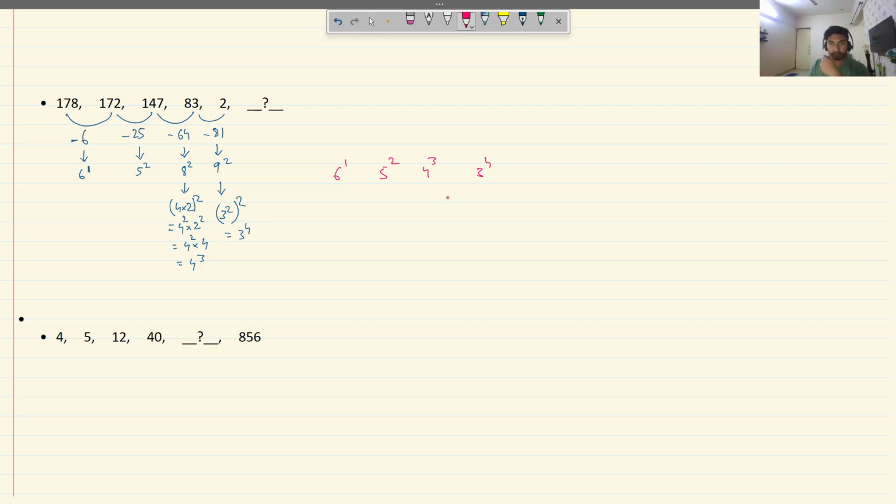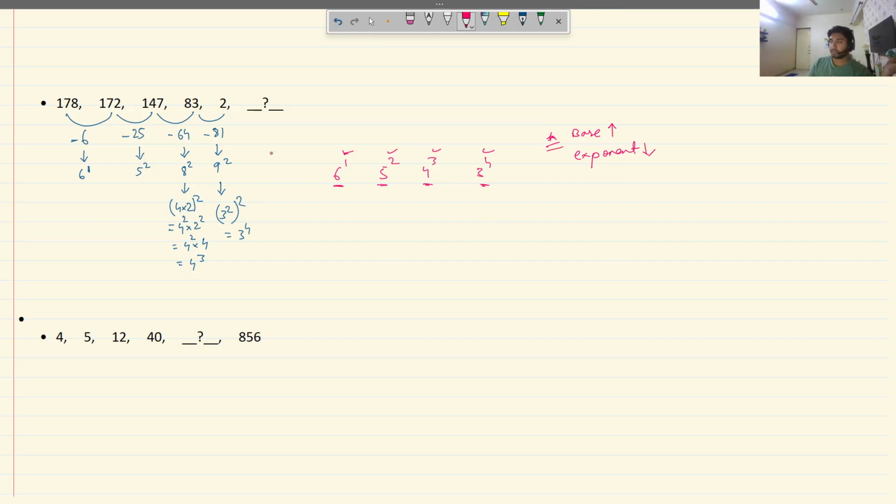So the base is reducing, and exponents are increasing simultaneously. So here my logic is base decreasing and exponent increasing. That is my logic over here.